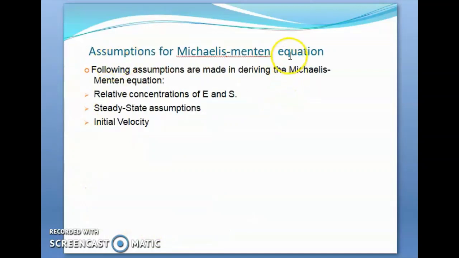Assumptions for the Michaelis-Menten equation: the following assumptions are made in deriving the equation: relative concentration of enzyme and substrate, ES steady state assumption, and initial velocity.